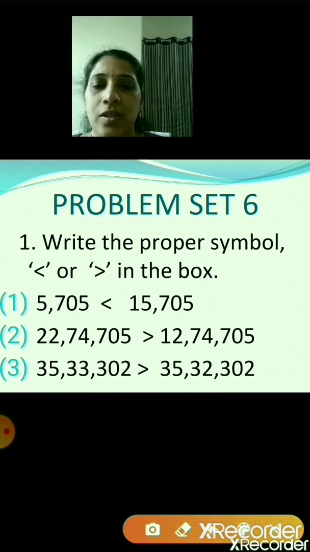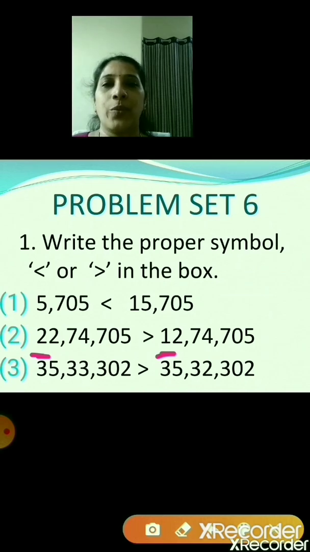The first digit is 2 and here the first digit is 1. So obviously 2 is greater than 1. So 22,74,705 is greater than 12,74,705.